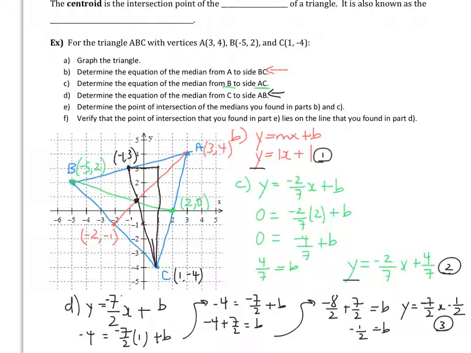Okay, so part E: determine the point of intersection that you found for the medians that you found in parts B and C. And then part F is verify that point of intersection that you found in part E lies on the line that you found in part D. So I'm actually asking you to use the two here, the B and these two equations right here, to solve the system, and then verify that it actually lies on the third line that we just found down here.